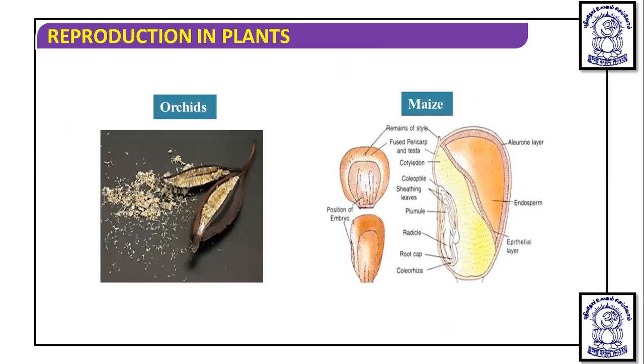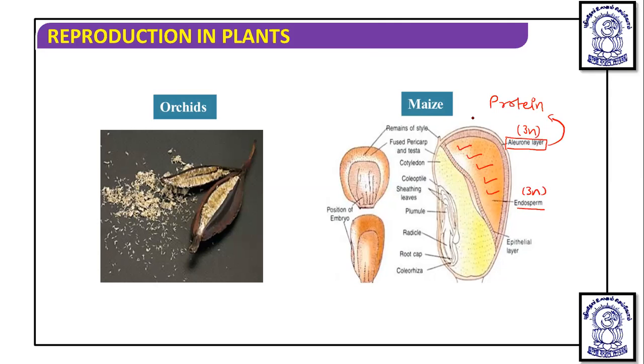Yes, we have to study maize because mainly you get a question with respect to maize. This is the actual structure of maize. In maize, you will find the endosperm. This region represents the endosperm, and it is covered by a membranous layer known as the aleurone layer. We have studied that the endosperm is triploid, and in the same way the aleurone layer is also triploid. This aleurone layer is proteinaceous, or rich in protein.